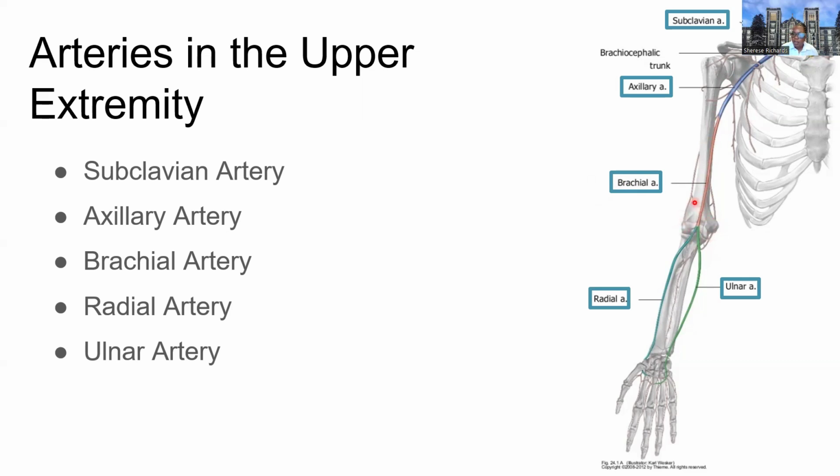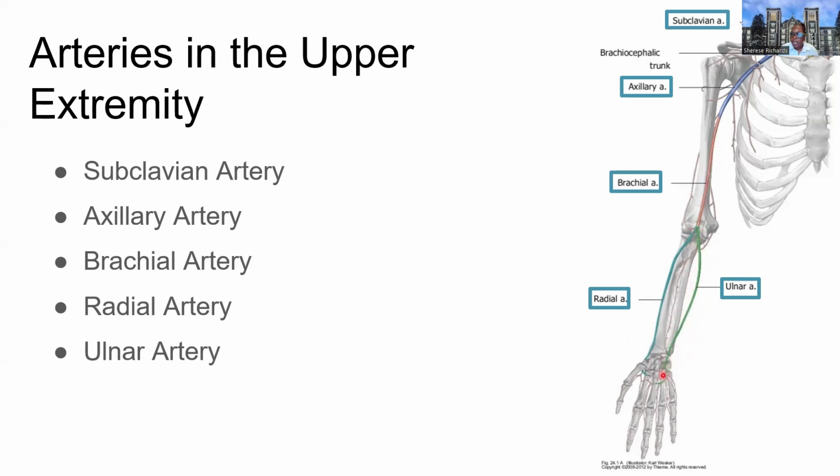When we get to the elbow joint, when we get to the landmark where we have the biceps tendon, as well as the median nerve, those are some of the major landmarks that are found right crossing the elbow joint. The brachial artery will divide into two: the radial artery traveling on the radial side, the lateral side towards the thumb, the ulnar artery traveling on the medial side, or the ulnar side towards the fifth digit.